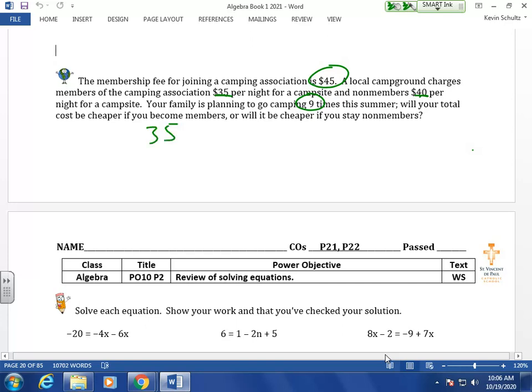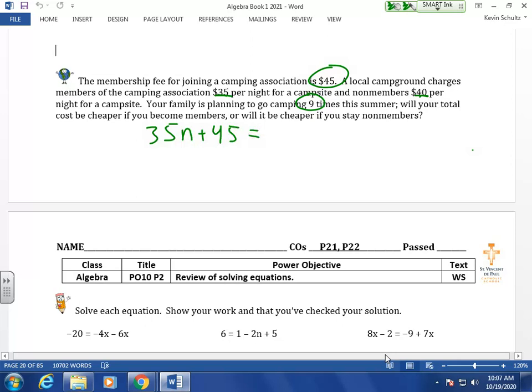So when you say 35 times n and 45 times n, how is that set up as an equation? 35n plus 45. Yes, 35n plus 45 equals what? What's on the other side?